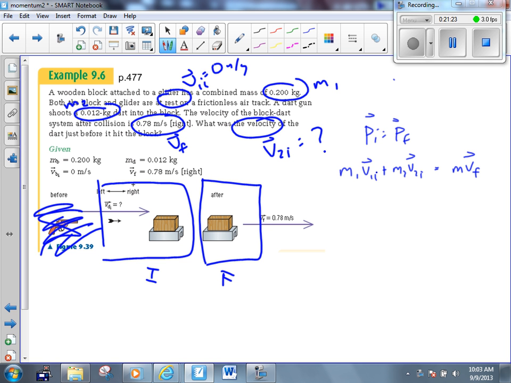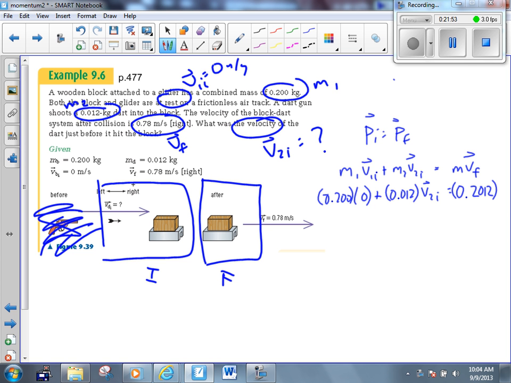Now, let's not rearrange before we plug our numbers in. These questions tend to be easier if you plug your numbers in first. m1 is 0.200 kilograms. v1i is 0. m2 is 0.012 kilograms. v2i is what we're looking for. What's m? It's both masses combined, 0.212.